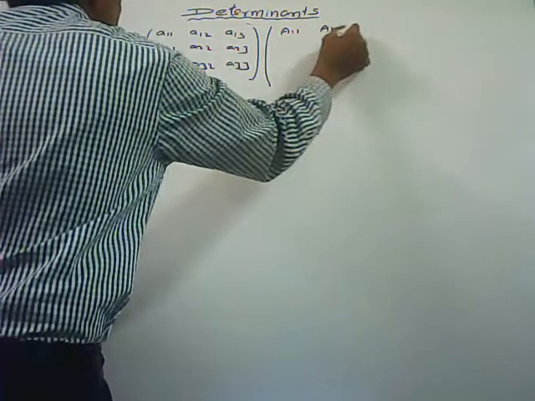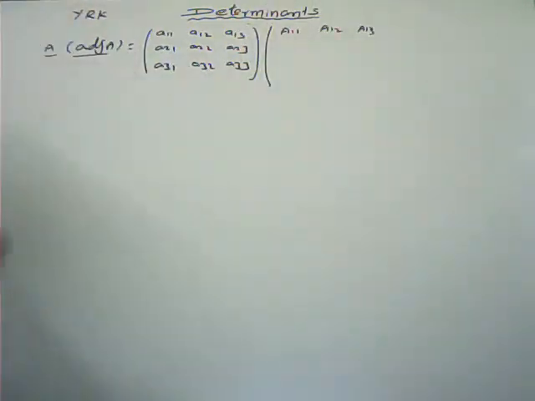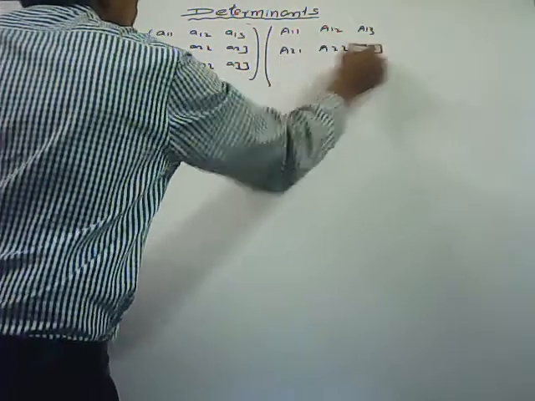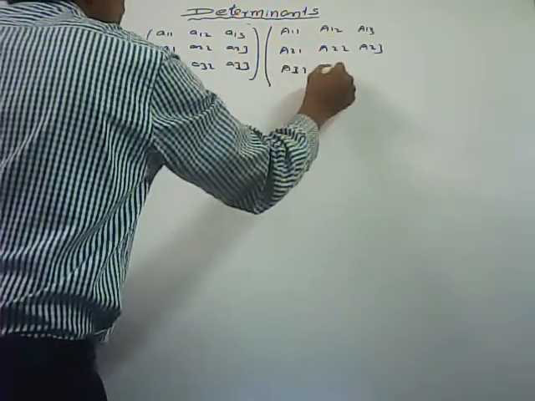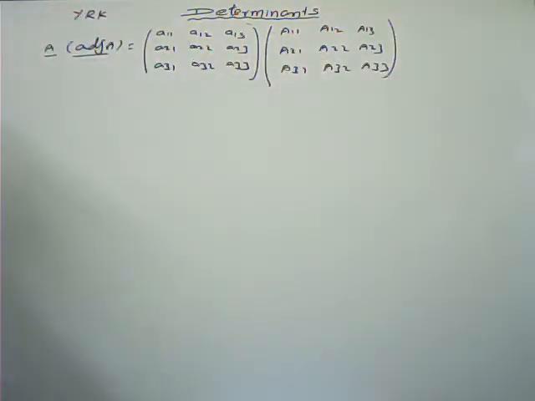A11, A12, A13. Cofactors we can represent with the capital A. A21, A22, A23, A31, A32, A33. These are the corresponding cofactors of these elements only.